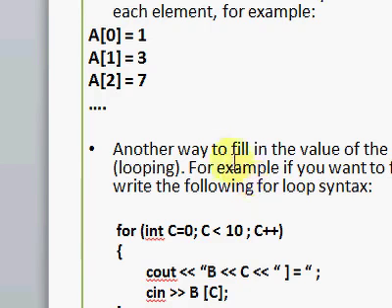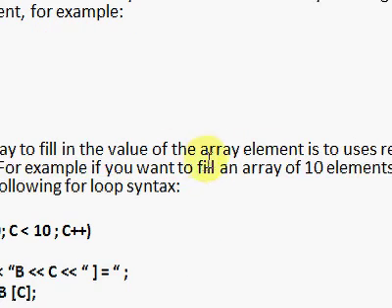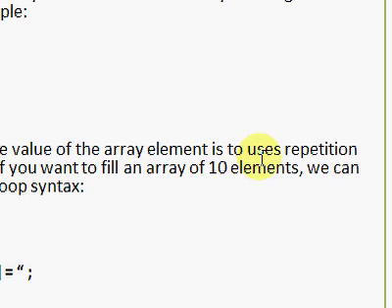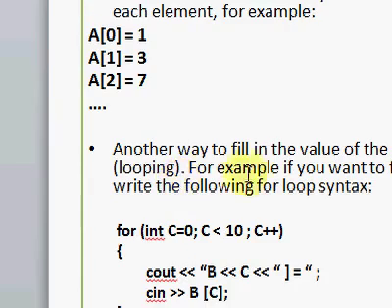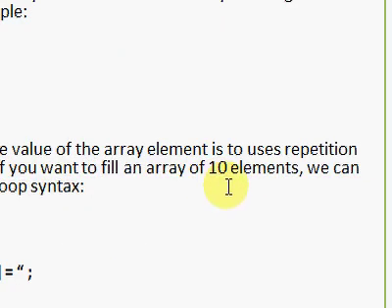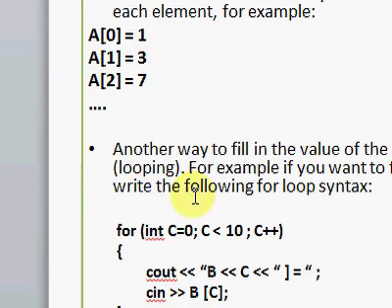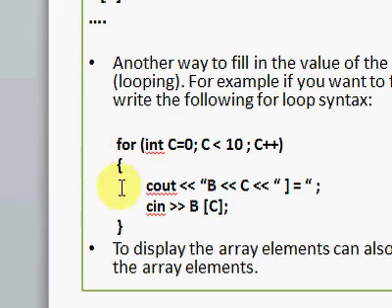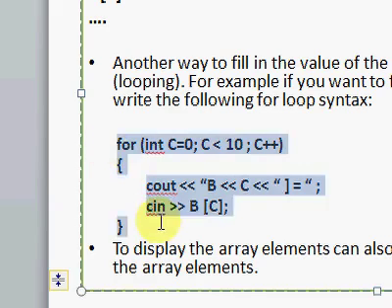Another way to fill in the values of array elements is to use repetition, or looping. For example, if you want to fill an array of 10 elements, we can write the following for loop syntax.